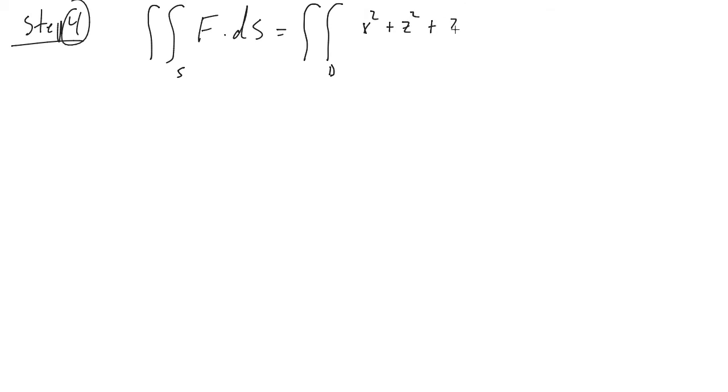So our integral, the surface integral of F dot dS, is the integral on D, and I'm just going to write it out: x squared plus z squared plus 2xz plus 4x plus 1 dx dz.